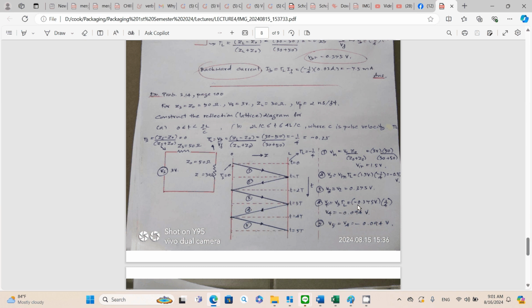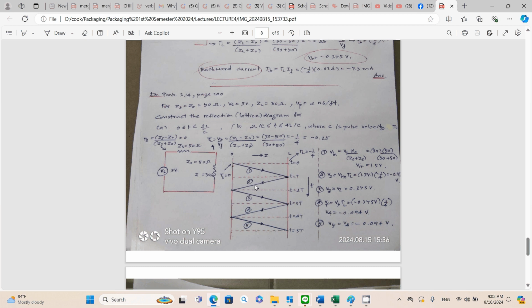Okay, so that's the idea of how you can see the total voltage, because you have incoming and outgoing signals. If you look at the load end, you have a forward voltage and a backward voltage.